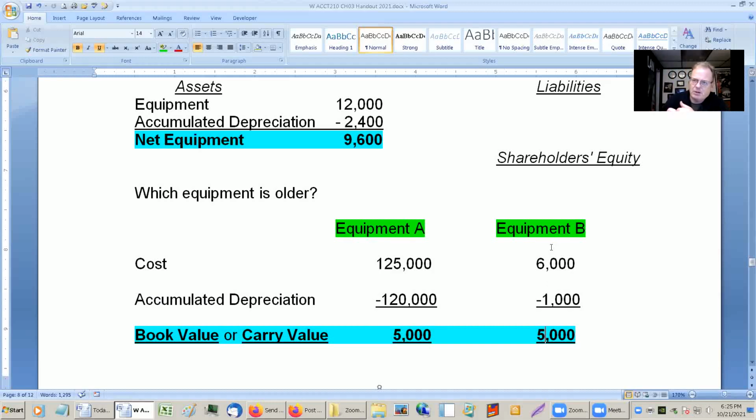So that's why we have that accumulated depreciation account. There's absolutely nothing wrong with thinking, why don't we just write down the equipment as time goes on? The reason we don't is because there's a little bit more information for people who are actually making decisions.